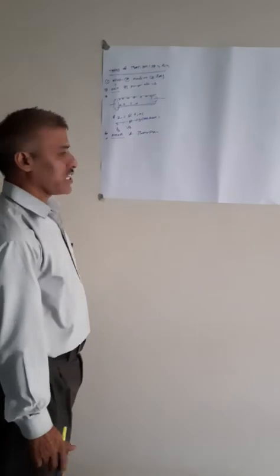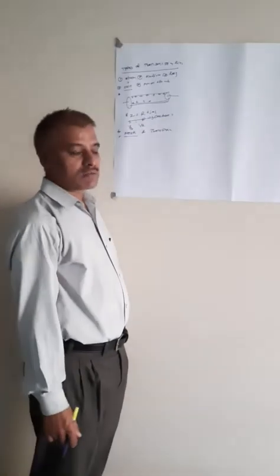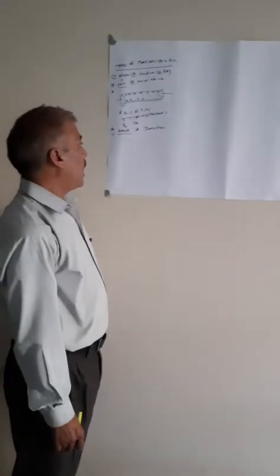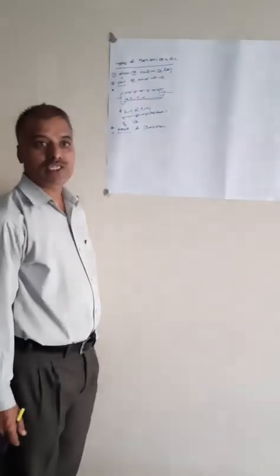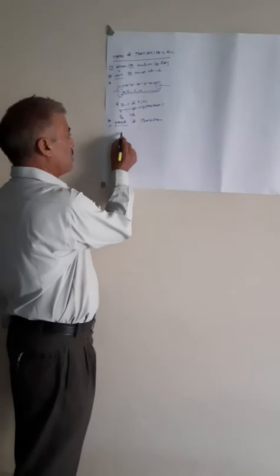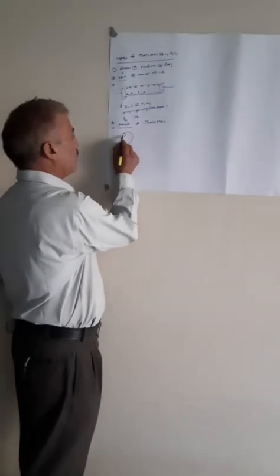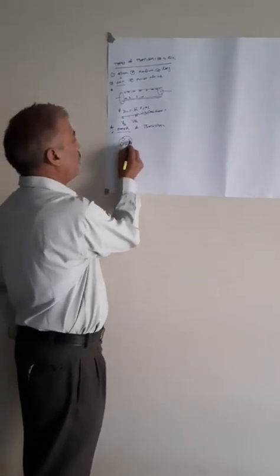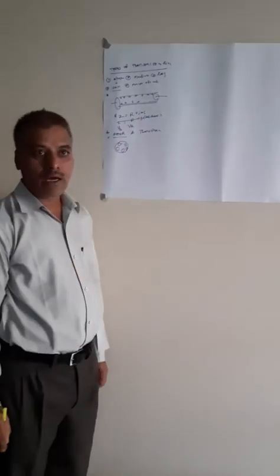What is meant by ACSR conductor? ACSR means aluminum conductor steel reinforced. In this conductor, if there are 6 conductors in one core, what happens?